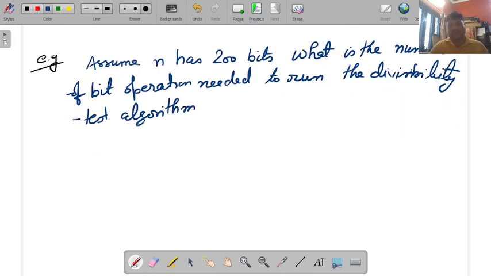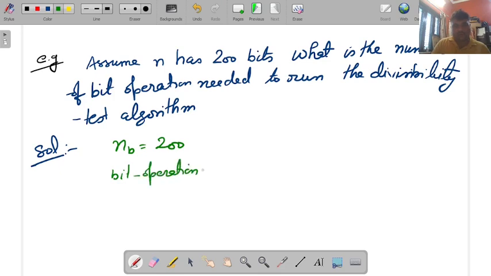Let's take an example. Assume n is 200 bits. What is the number of bit operations needed to run the divisibility test algorithm? The solution is like this. Here nb, the number of bits, is 200. So the bit operation complexity is 2 to the power nb by 2.